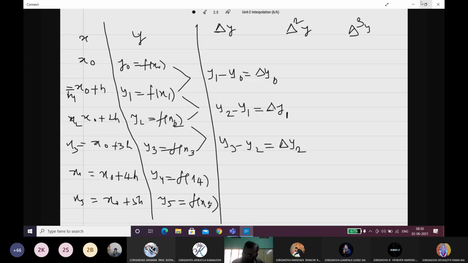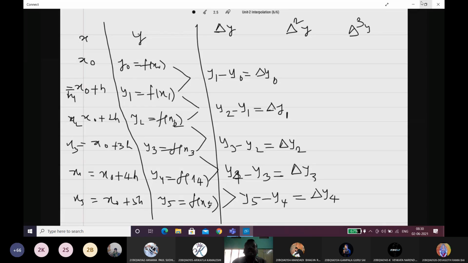Again, y4 minus y3 is delta y3, and y5 minus y4 we denote as delta y4.